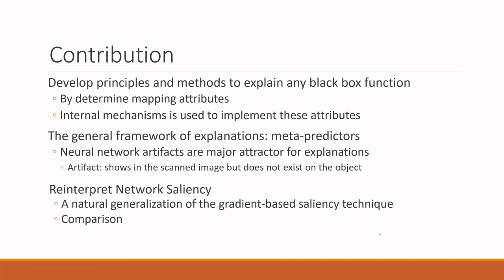The third contribution is reinterpreting network saliency in their framework. This provides a neutral general basis for gradient saliency methods, which backpropagate in several rounds to learn an explanation by integrating information. They also compare the meaning from this technique with other methods.